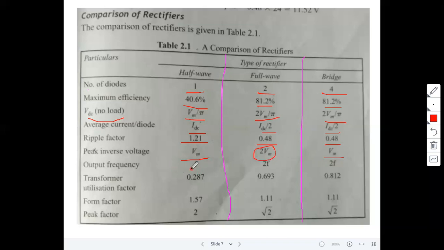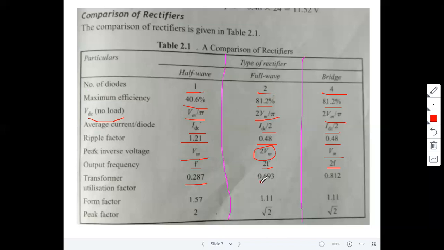Output frequency in the half wave rectifier is the same as the input frequency, whereas in full wave rectifiers it is two times the input frequency.